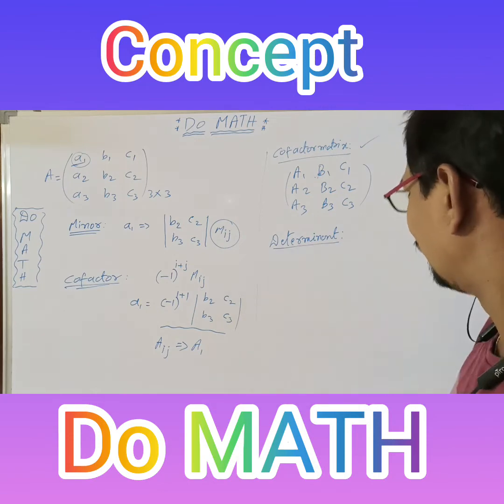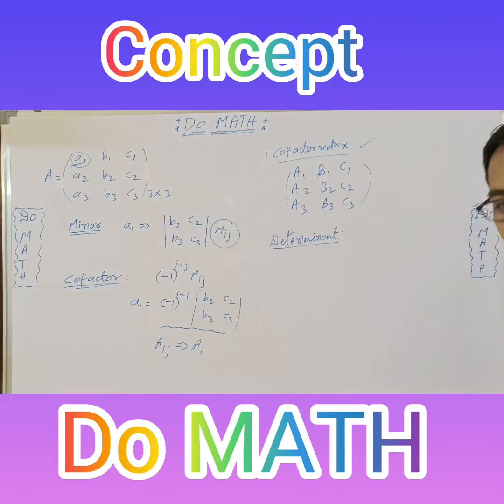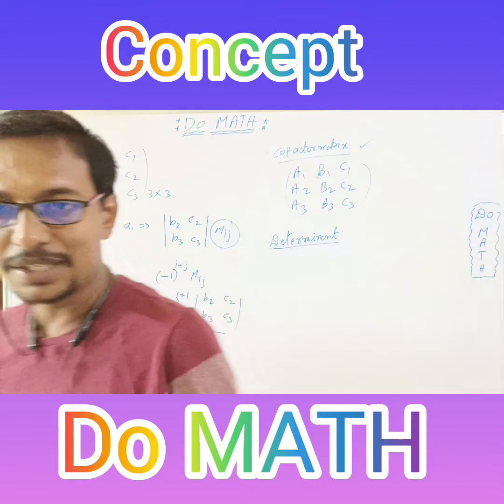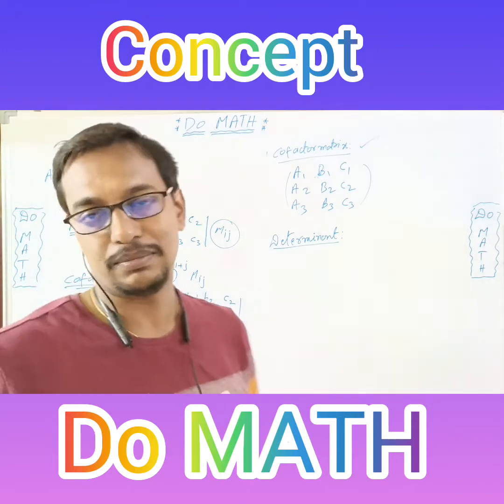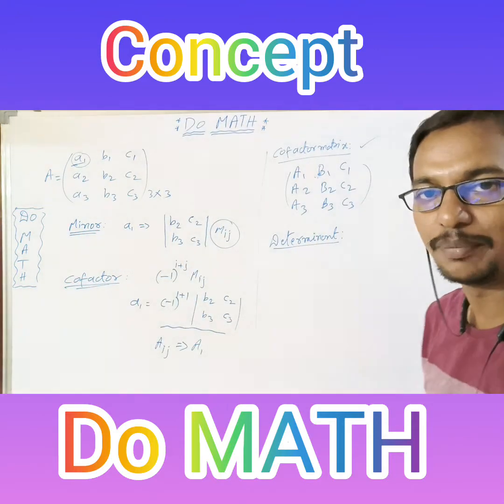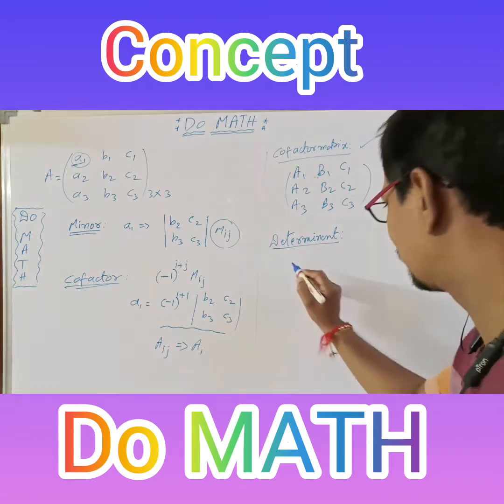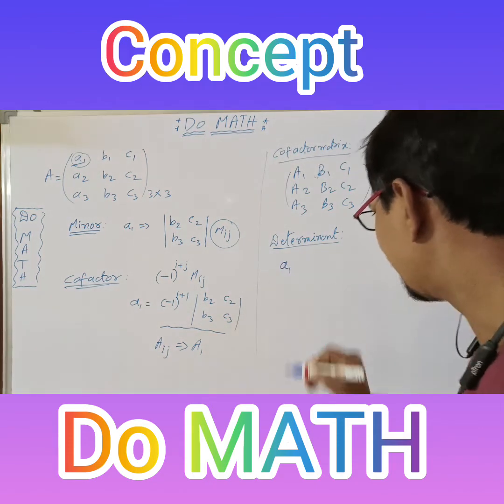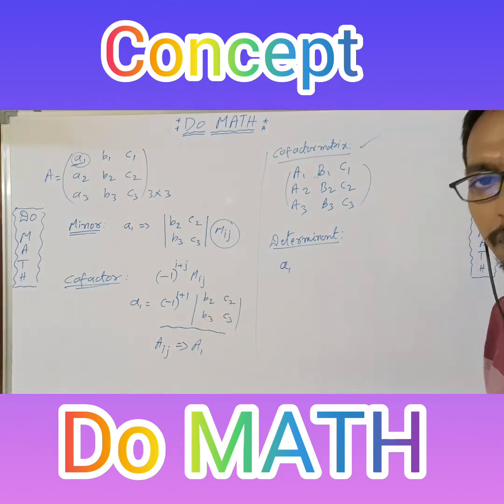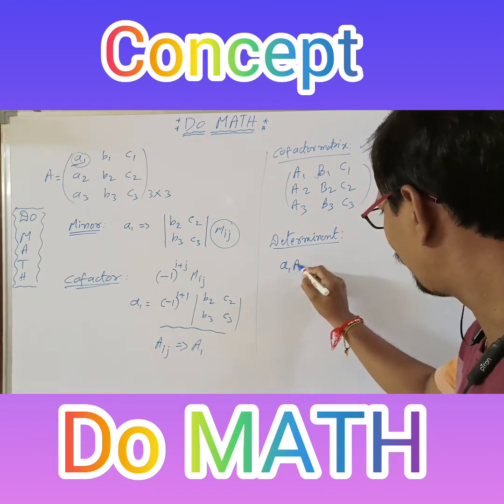Determinant: the sum of the products of the elements with corresponding cofactors. So I take A1, the first row, first column element, whose cofactor is capital A1.